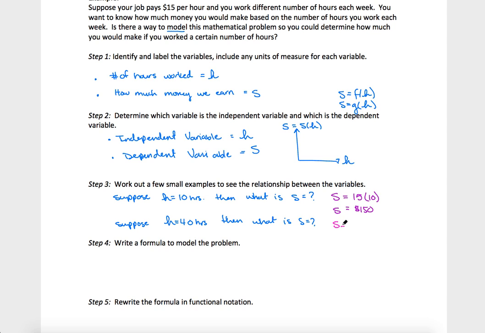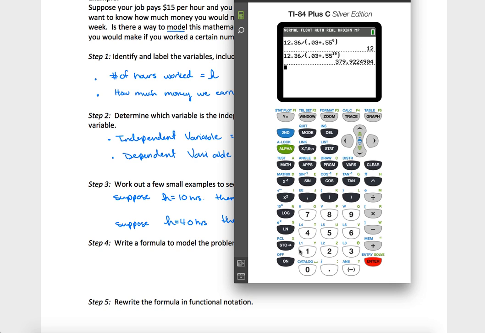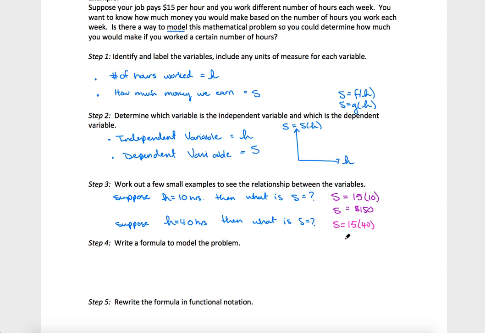To get S, we know that we make $15 per hour, and we worked 40 hours. So I'm going to go to my calculator here. 15 times 40 hours. So that means we made $600. All right, and I can keep going, but I think this is enough to see the pattern.